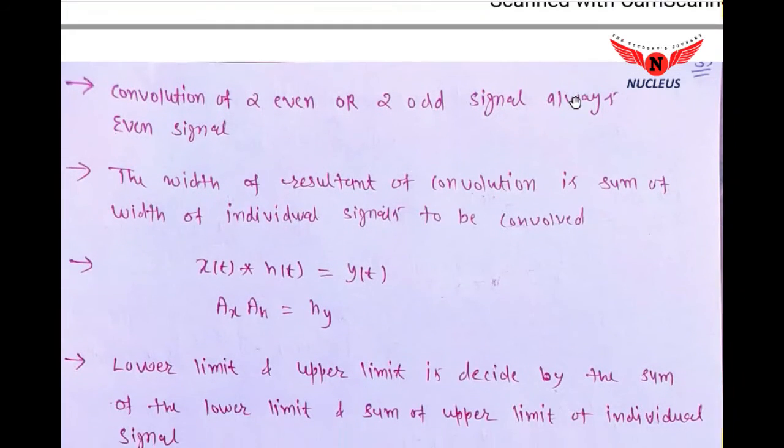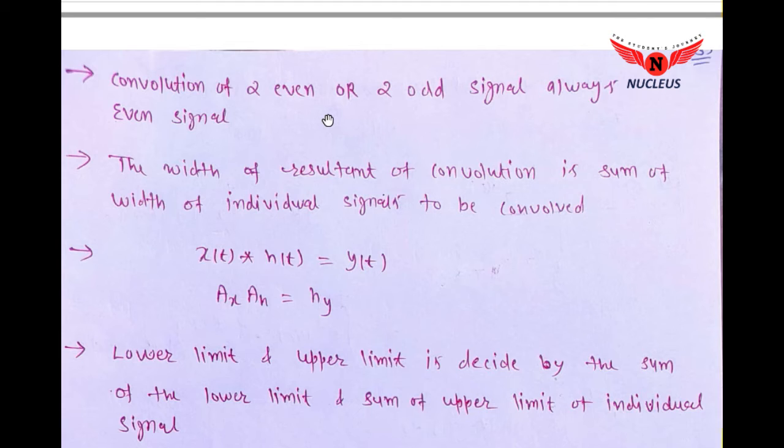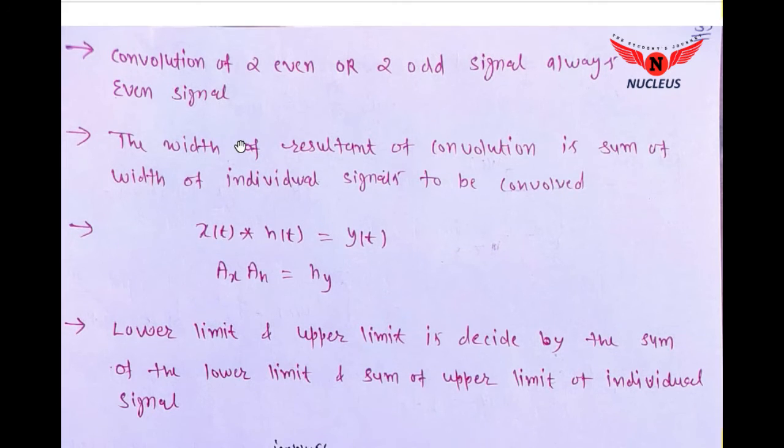Another point to remember here: the convolution of two even functions or two odd functions is always an even signal, and the convolution of one even signal and one odd signal is always an odd signal. The next point is that the width of the result of convolution is the sum of the widths of the individual signals to be convolved.